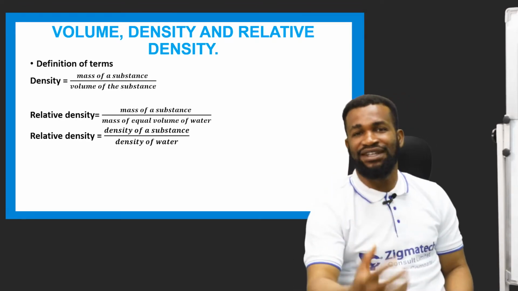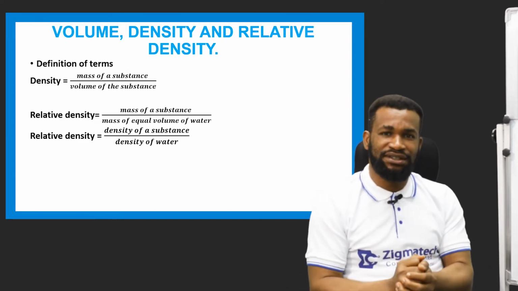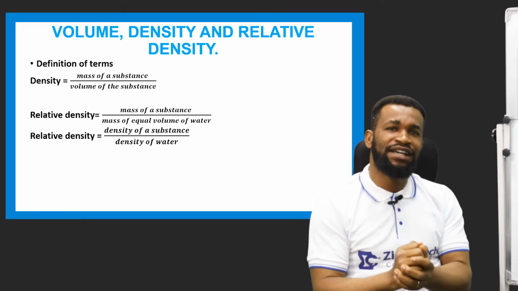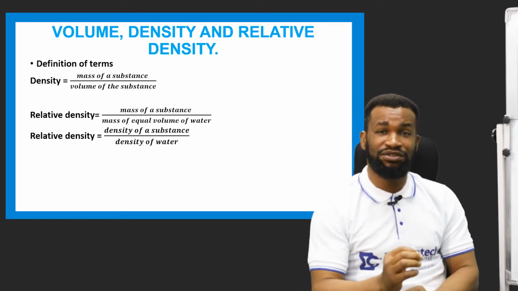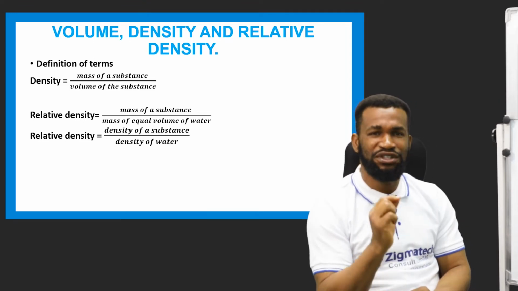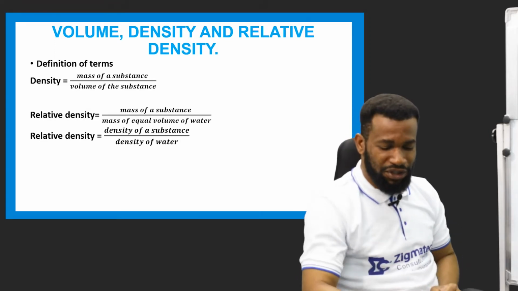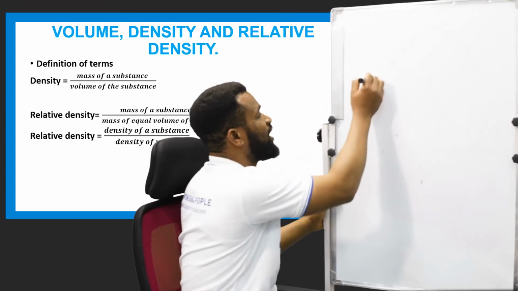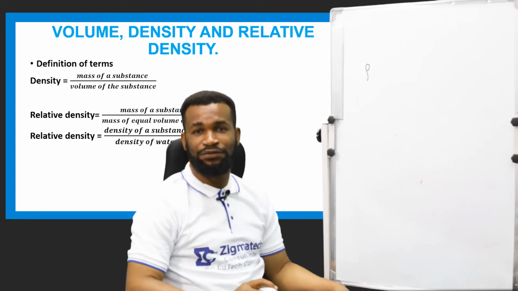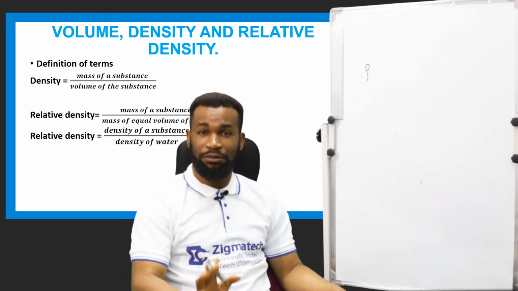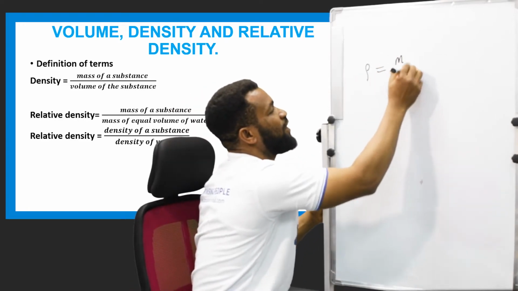Now, when we talk about density, we are talking about the mass of the object divided by the unit volume. That means when you are talking about density, we are considering the mass of the object and the unit volume of the object which it occupies. So we may say that this symbol is rho, which is the symbol used for representing density, and it gives us mass over volume.